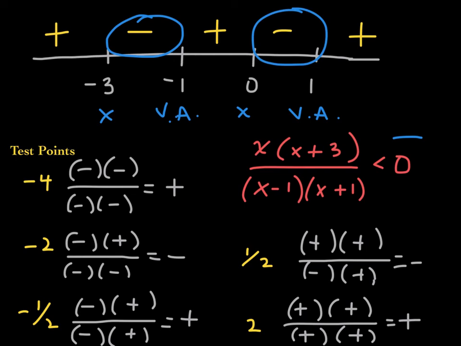Only on the x-intercepts, which are -3 and 0, right? You would still put a parenthesis on -1 and +1, on the vertical asymptotes. But in this problem, your inequality is strict, so everybody gets a parenthesis.